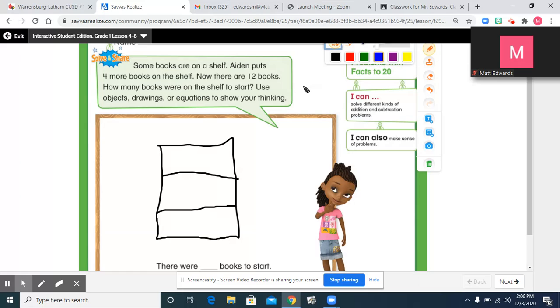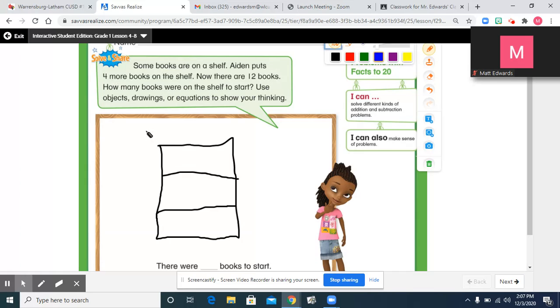It says some books are on a shelf. Do we know how many books are on there to start with? No, because it just says some. Then it says Aiden puts 4 more books on the shelf. Now there are 12 books. How many books were on the shelf to start?